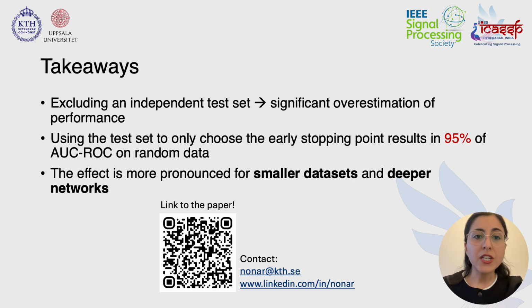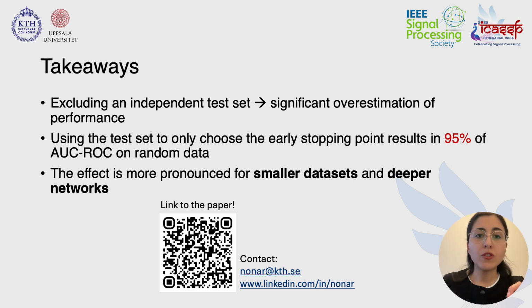Finally, to summarize, excluding an independent test set can dramatically overestimate performance. Selecting the earliest stopping point based on validation data alone can lead to unrealistically high ROC-AUC values, for example, 95% on random data. And this bias is more pronounced in smaller data sets, which we said are more common in human studies, and in deeper networks.